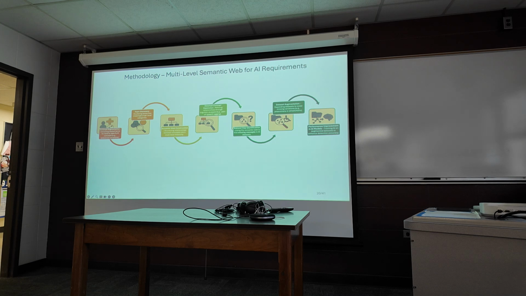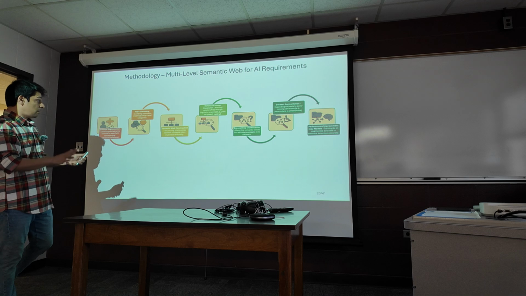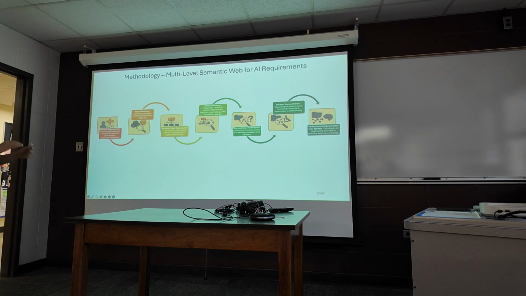We look at existing domain knowledge sources like Wikipedia, Twitter, or other online sources to find words or terms related to a pedestrian. Then we have topic discovery, which clusters the terms into meaningful high-level ontologies. After that, we create a semantic web on top of that, structuring the relationships between these concepts into a multi-level hierarchy.